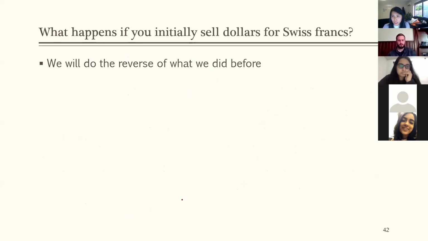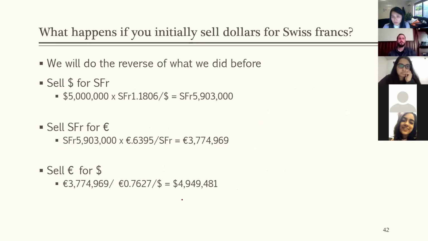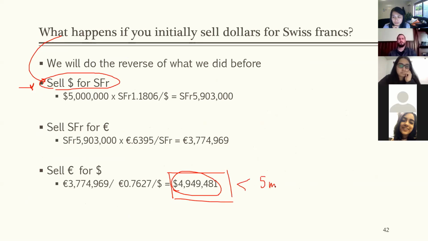More formally, if you rearrange the transactions, starting with selling the dollar for the franc, as the question suggested, then this is what you would end up with. In this case, you will end up with a figure that is smaller than 5 million. And so you're making a loss here.